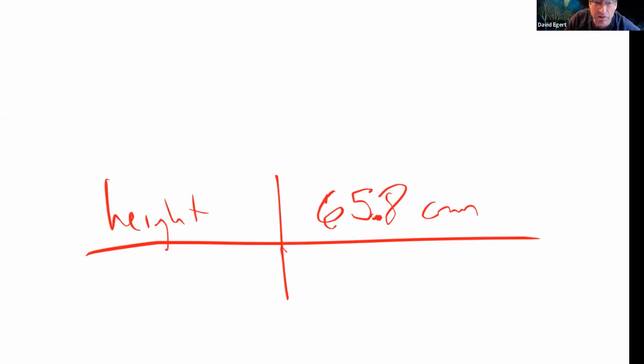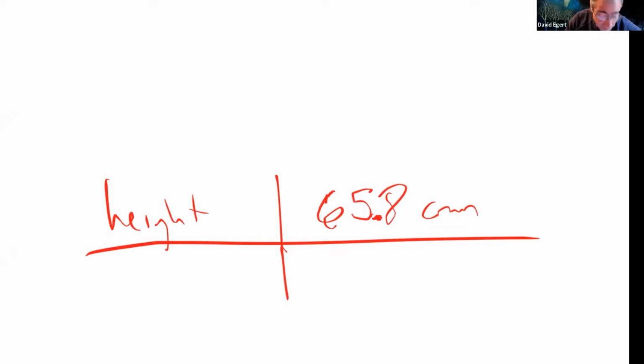What's wrong with that number? Very small. The units. It's really small. 65.8 centimeters is about 2 feet, about 2/3 of a meter.